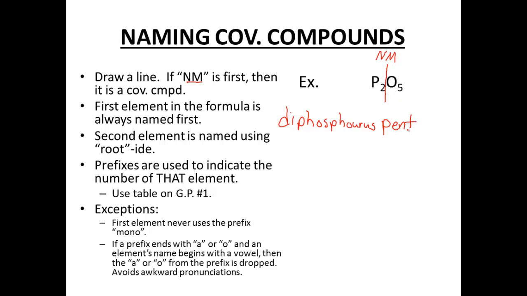Pent, not penta, not pentaoxide. We're going to drop that vowel. Pentoxide. So diphosphorus pentoxide, P2O5. Don't reduce and don't simplify. Always write the first element first.